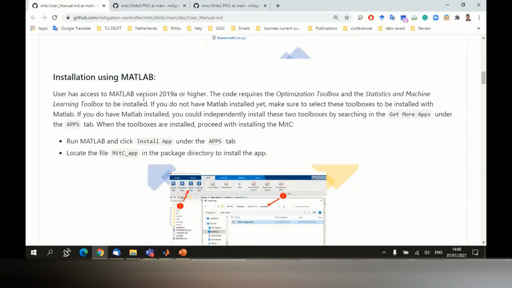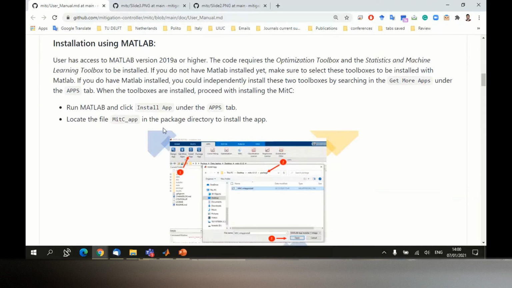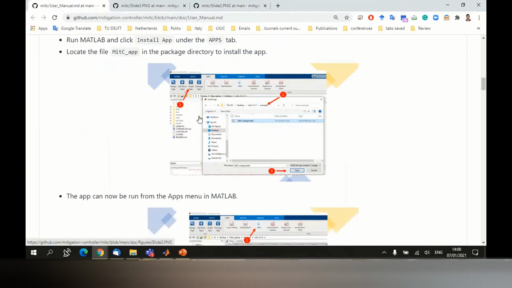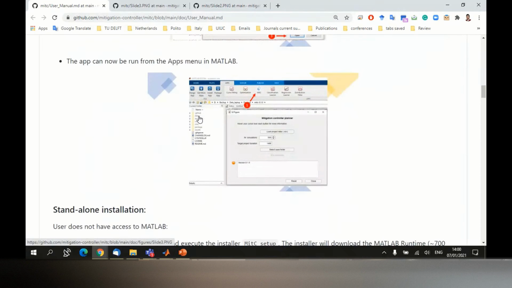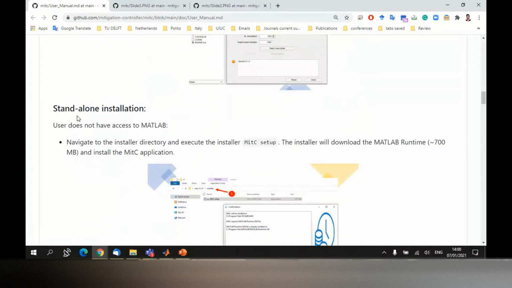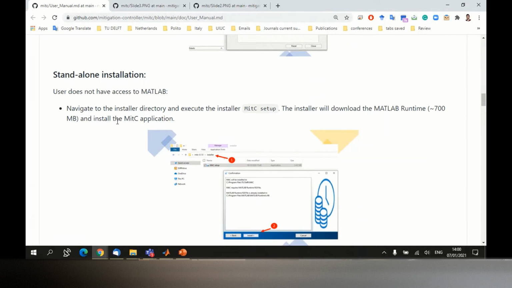For the installation, we have two ways to install the software. First, if you already have MATLAB, then you can install it directly within MATLAB. That's internal installation, so you can access the mitigation controller within MATLAB. The second option is to install it as standalone software, which is like normal software that you would install in your Windows.